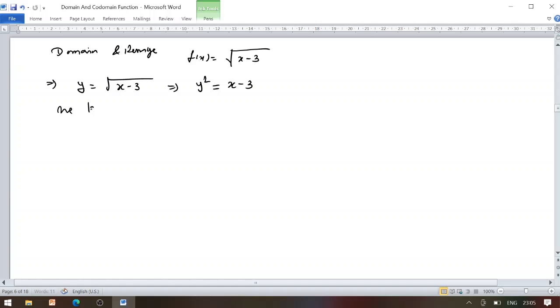Again we know that the square of any real number is always positive or never negative. It is always positive, including 0.